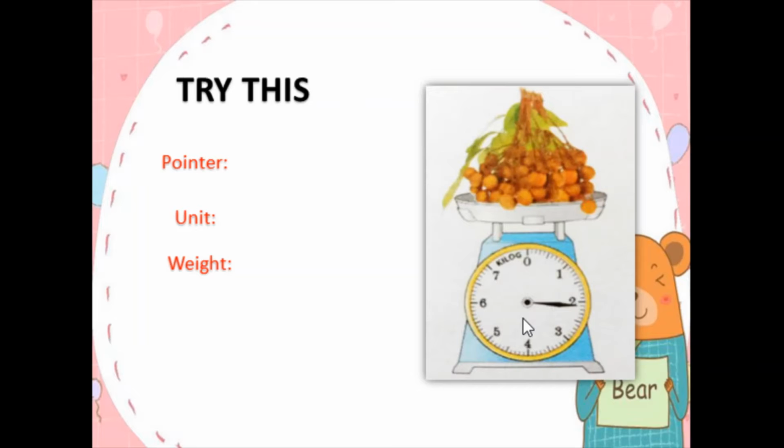Great job! It is pointing between 2 and 3 again this time, right? And it's pointing particularly at the first division. So our pointer is between 2 and 3 and on the first division.